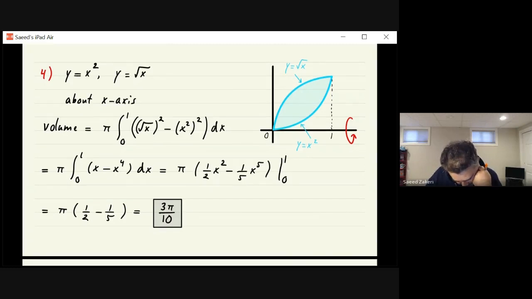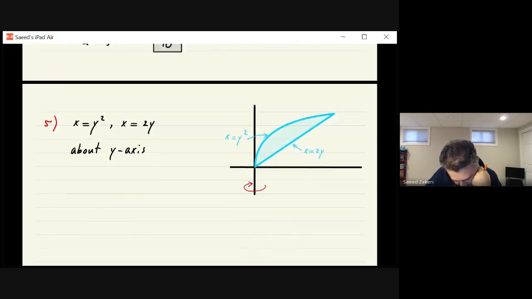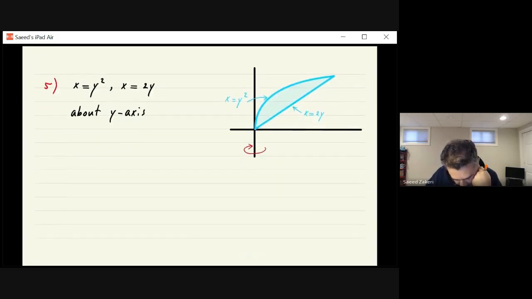So let's move on to the final example before we learn something new. So I'm going to talk about this case. And there is another slightly new feature in this example. Not really new, but anyway.